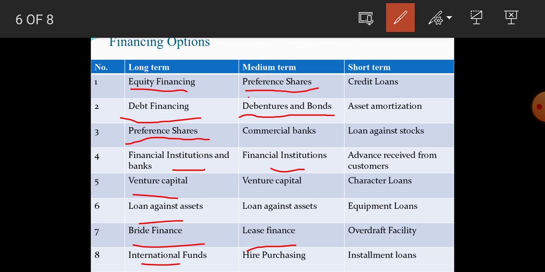If an owner gives a house on rent to a tenant, that is called lease. In lease finance, every month the owner gets some money in return. So that is lease finance, and the loan we can get from banks.